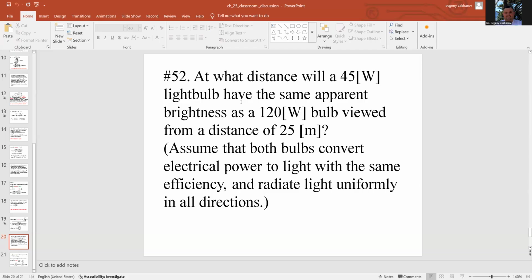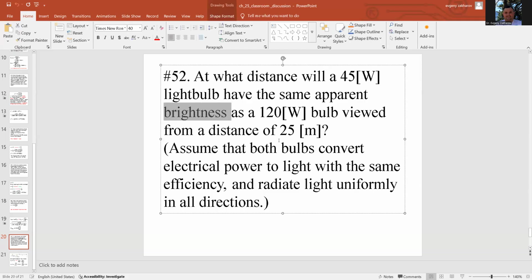But brightness changes with distance. And there is the inverse square law that says that brightness is inversely proportional to distance squared. So do not confuse brightness with luminosity. Do not confuse brightness with power output. Because power is preset, power doesn't change, but brightness changes with the distance.